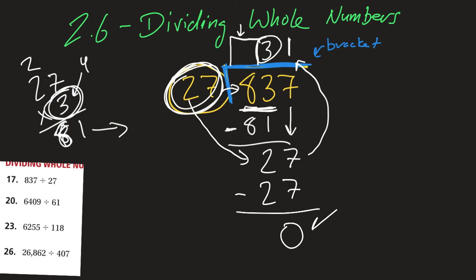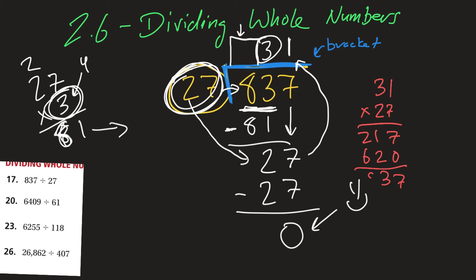When you get 0 as a remainder, you're happy because you're finished. So what this is all saying is 31 times 27 is 837. I can do that math on the side to check. Is 31 times 27 giving me that dividend number? And it is, these two match.